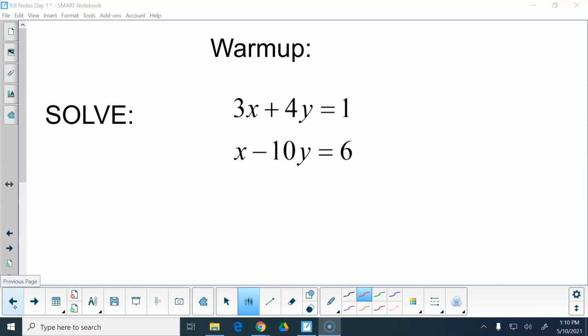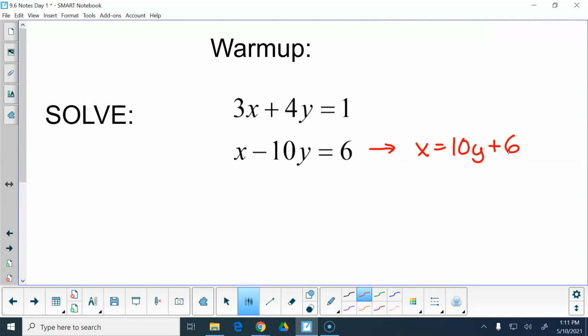I think I did okay. But how'd we do it? So I isolated the x in x minus 10y, so that I can put that into the other equation. So you made this become x equals 10y plus 6?